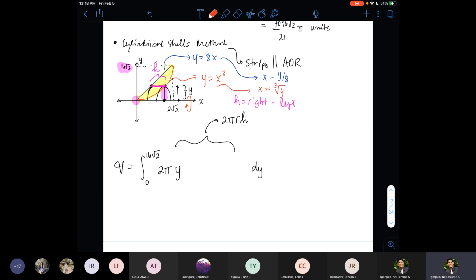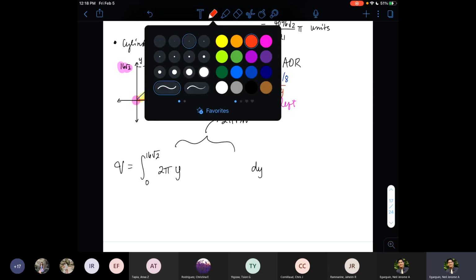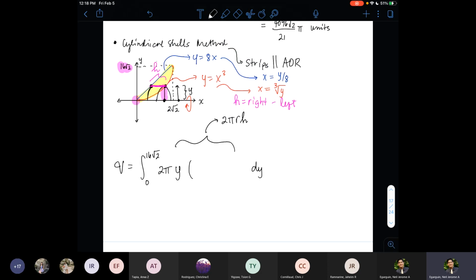Again, the height of the cylinder, which is the length of the horizontal strip, is right minus left, so that's going to be red, cube root of y, minus blue, which is y over 8. And that would be the integral that will give you the volume of the solid using cylindrical shells.